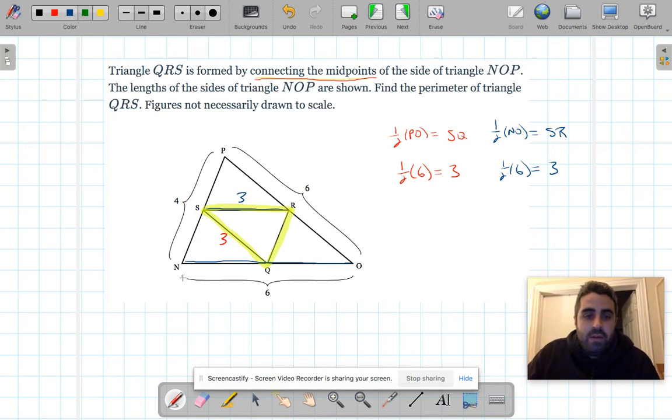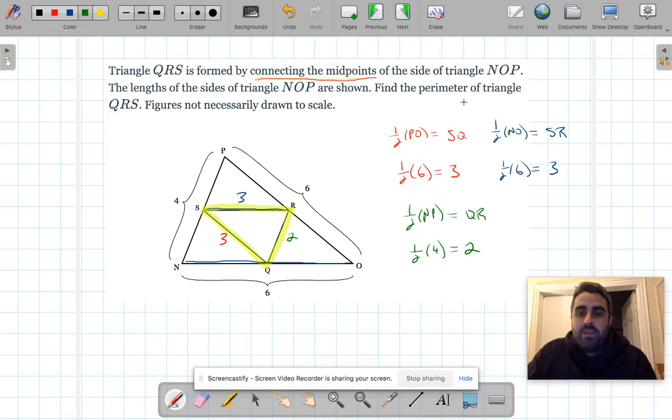Now finally we have NP and QR. QR is the midsegment related to side NP, parallel to side NP. So we know that half of NP is equal to QR. Well, half of NP, half of 4 is 2, so this side is 2.